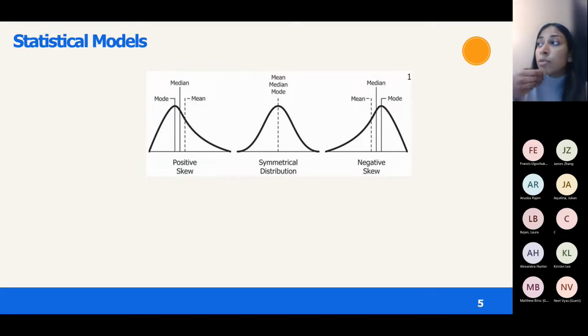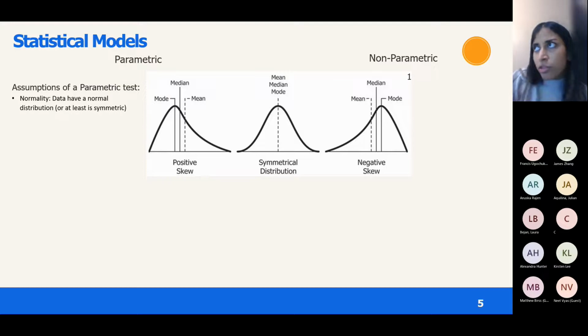That means more people fit towards the left of the mean. Whereas in negatively skewed data, the mode and median are greater than the mean. And you can have parametric statistics that are based on data being normally distributed in this way. We'll go through some parametric and non-parametric tests.